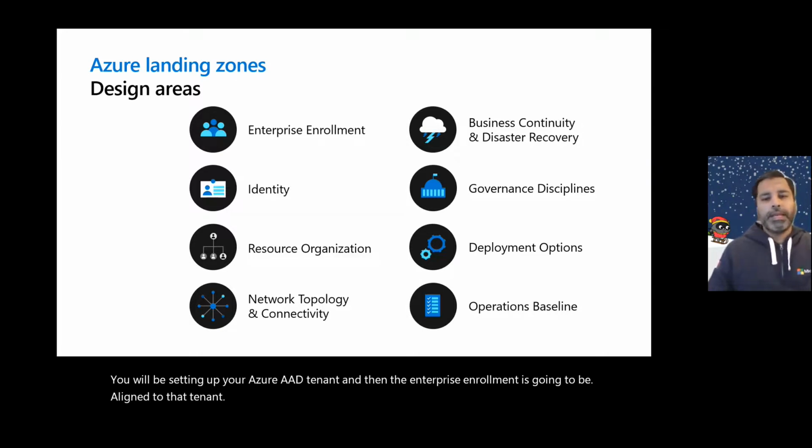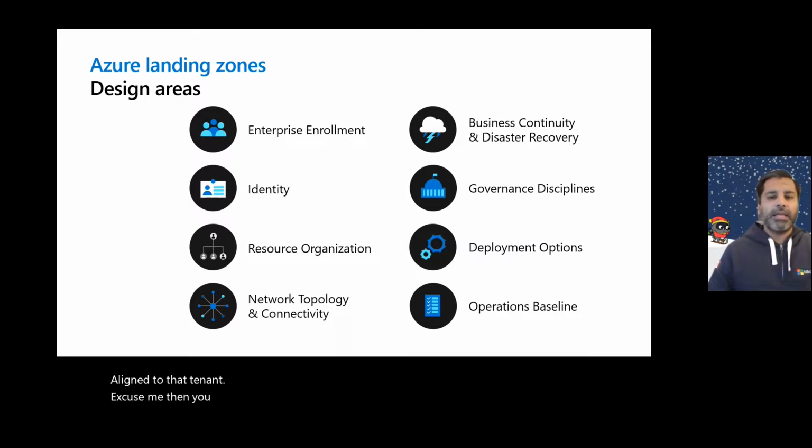Then you have identity, and identity is really big for Microsoft. So Azure AD, which is the main identity used, you would be using that, and then the factor is going to be, is it coming from Office 365?